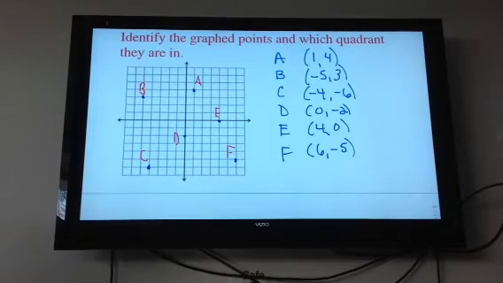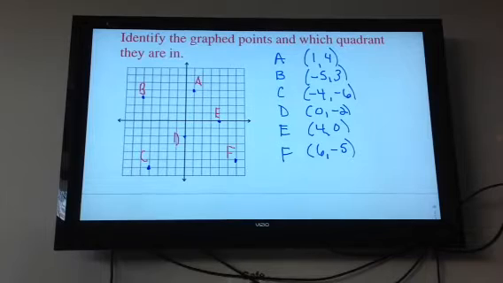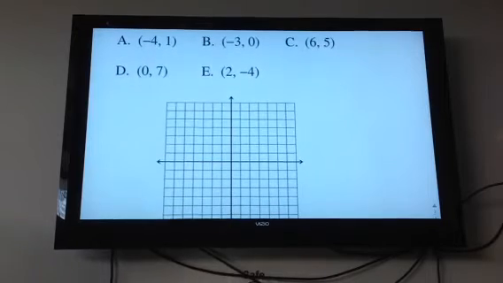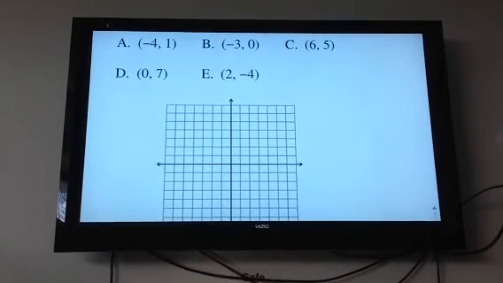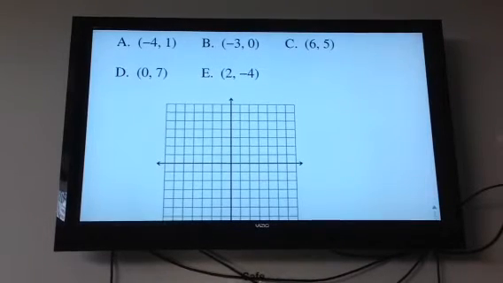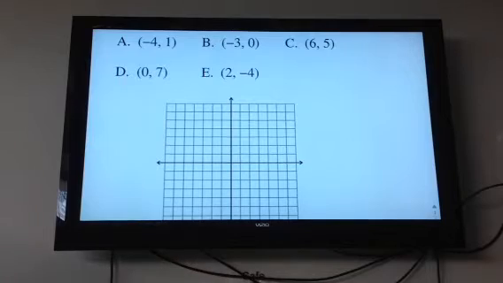Now, most of the time we are not looking at coordinates and pulling off the points. Most of the time we are plotting points. So take 1 minute here and plot those 5 points for me. And then I'll plot mine. Label them with your A, B, C, D, and E. And we'll compare and make sure we're good.